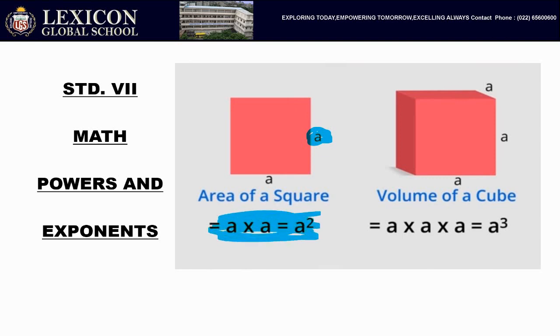Now suppose the length of a cube is A. Then tell me, what will be the volume of a cube? Yes, the volume of a cube will be A into A into A, which is equal to A cube.